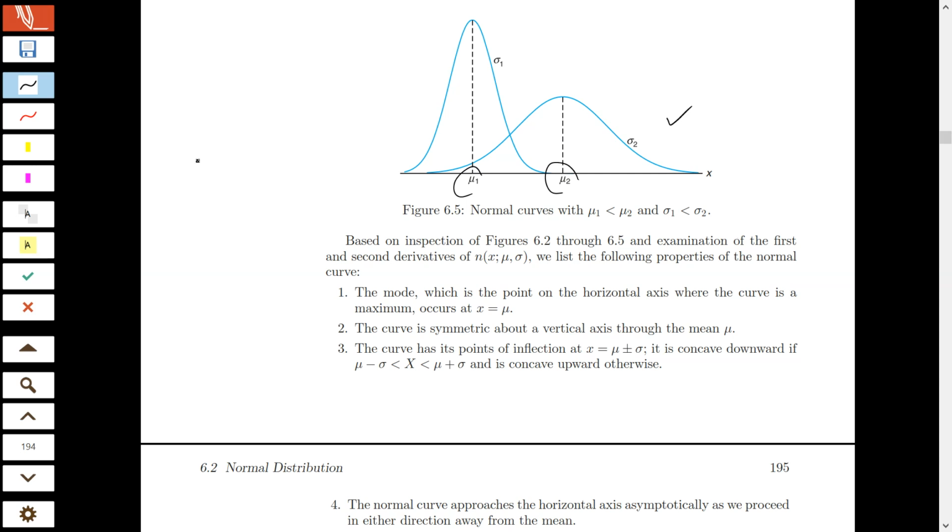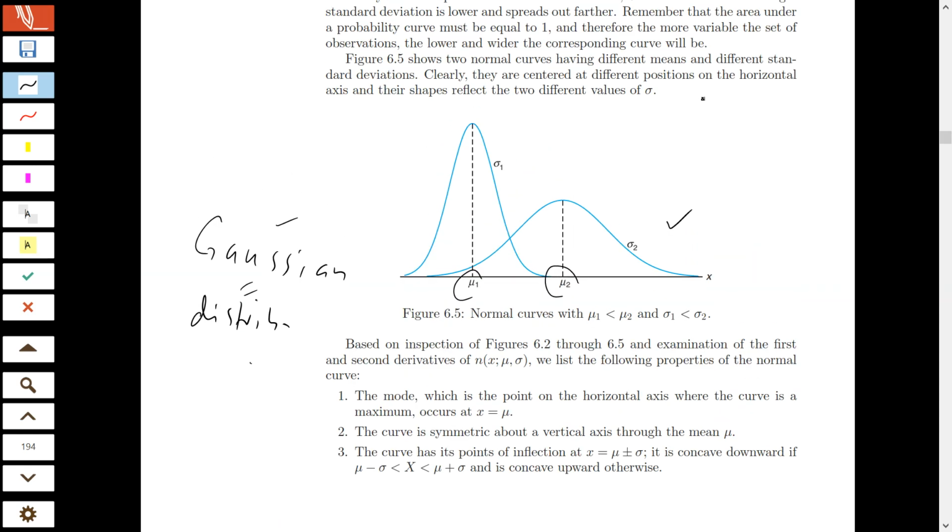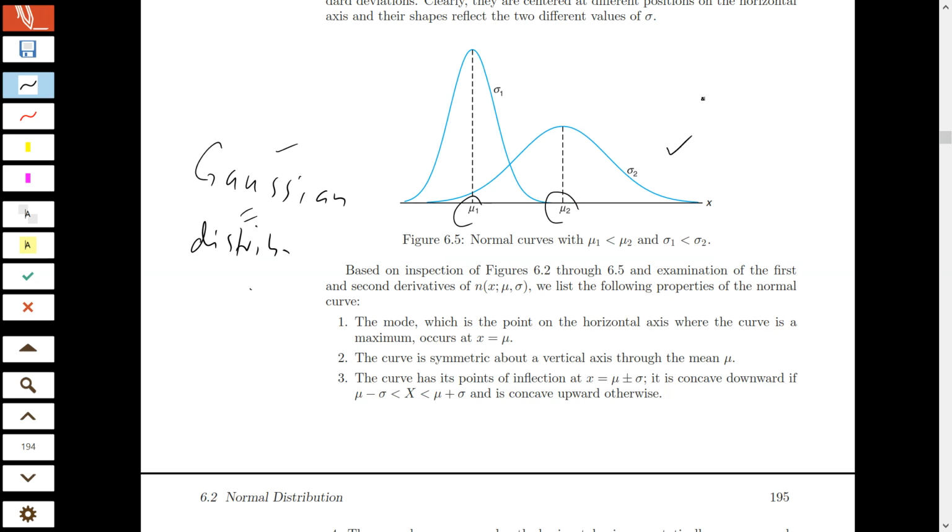And because Gauss was the guy who investigated it, it's also called Gaussian distribution, right? It's the same Gauss who was very famous in Germany. When we add the different distributions, then we get another normal distribution, but you know it from the previous chapter, right?